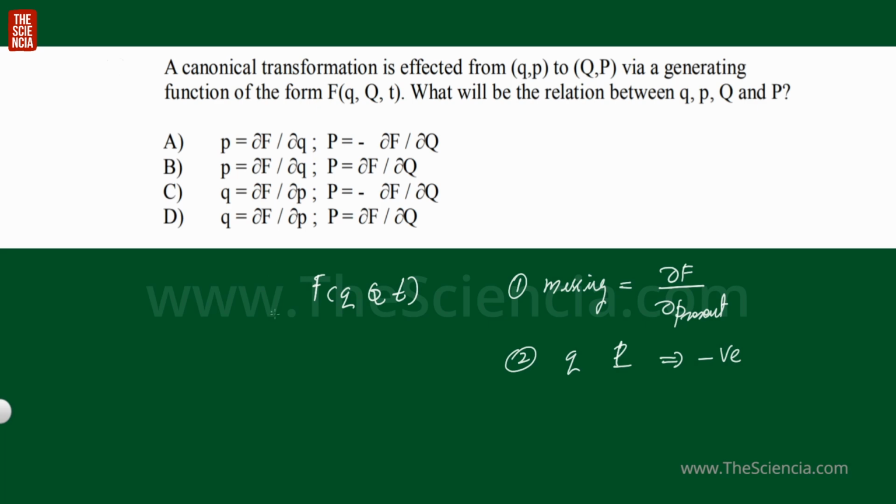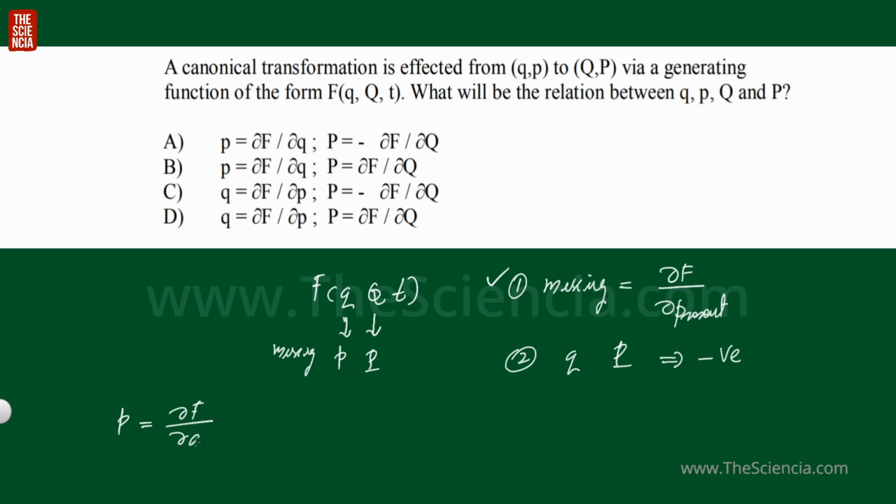Okay, see, what is the missing coordinate here? Here q is there, but missing is p. That is the old set of coordinate system in which p is missing in the F. And here this is the new set of coordinate system, and here capital P is missing. So by the first condition, that is missing coordinate, small p equals ∂F by ∂present.